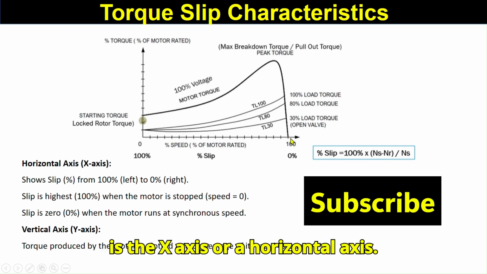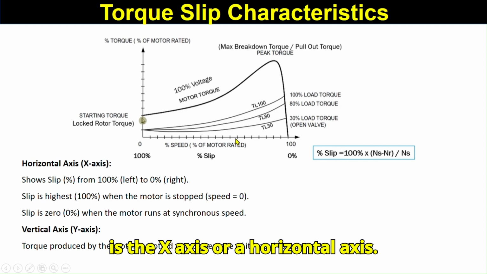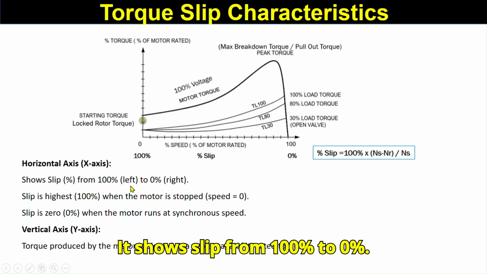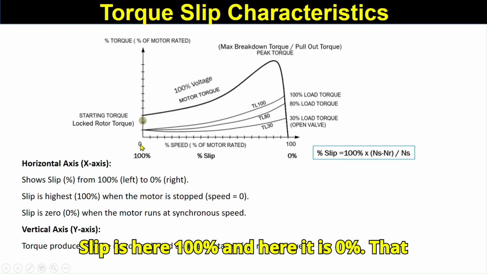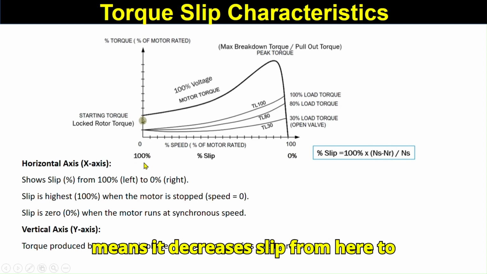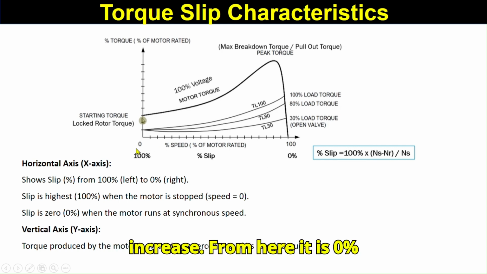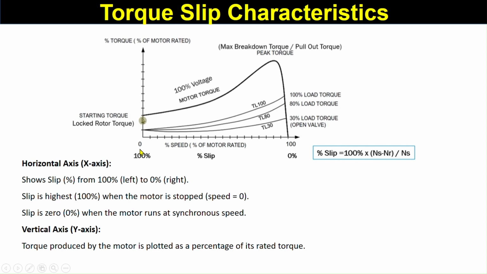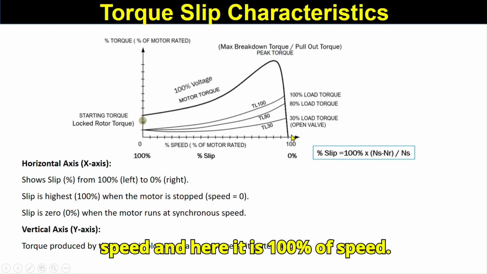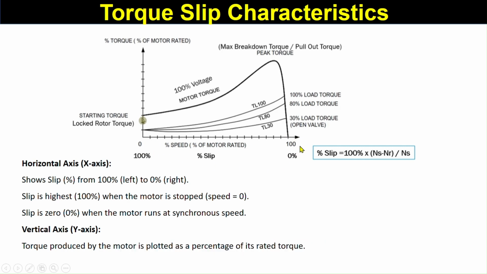And this is the x-axis, or horizontal axis. It shows slip from 100% to 0%. Slip is here 100% and here it is 0%. That means slip decreases from here to here and speed increases. Here it is 0% speed, and here it is 100% speed.